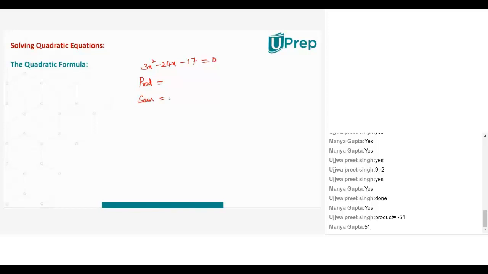If I want to factorize this, what should be the product of the two numbers? Shreya.